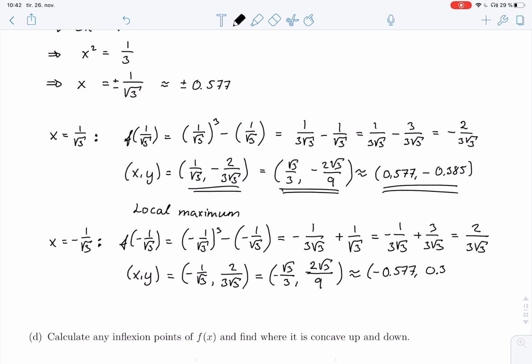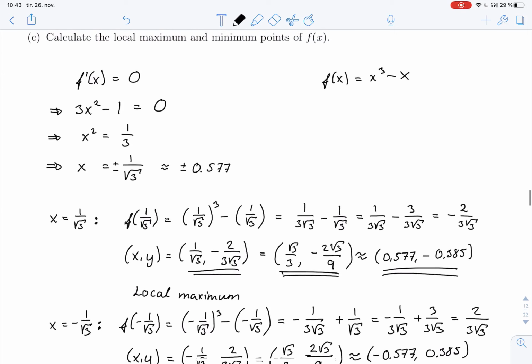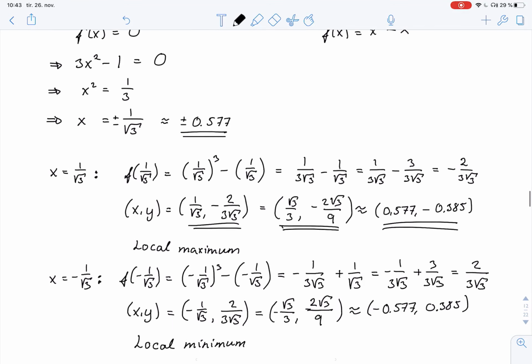You choose. And this would be a local minimum. So, in order to get full points, you first need to find the x values and then the y values and conclude whether or not it's a minimum or a maximum.